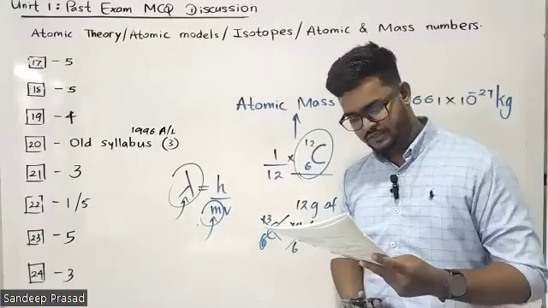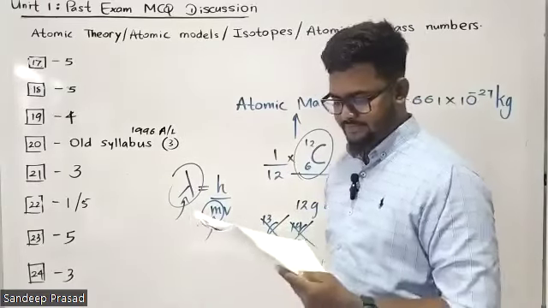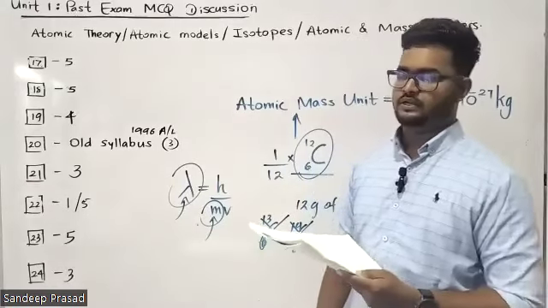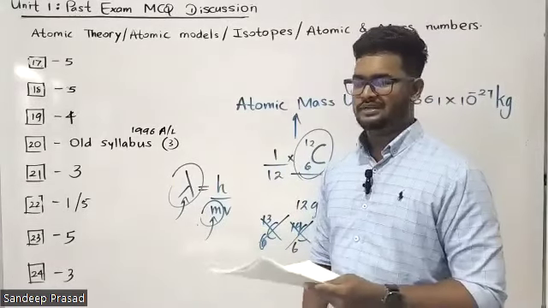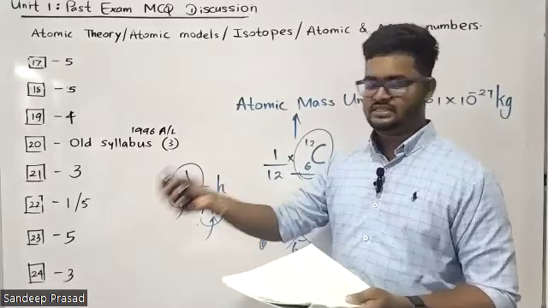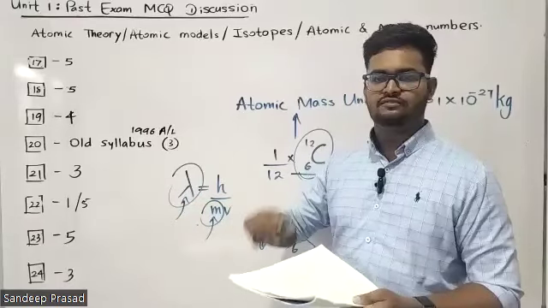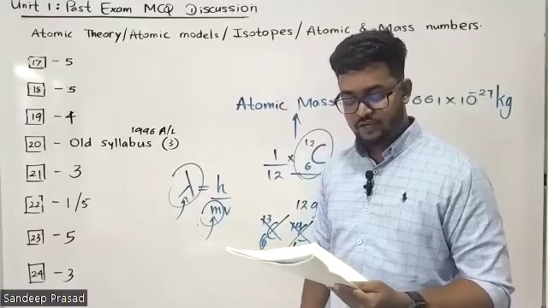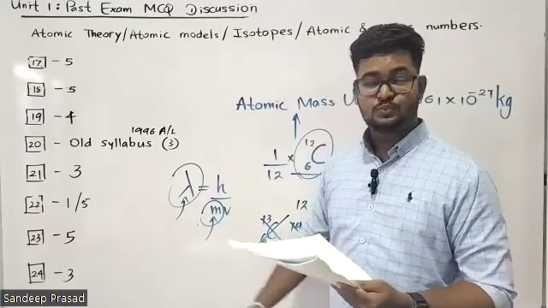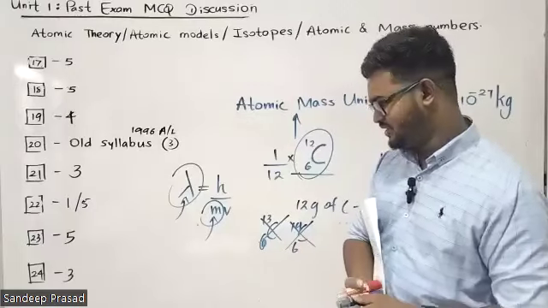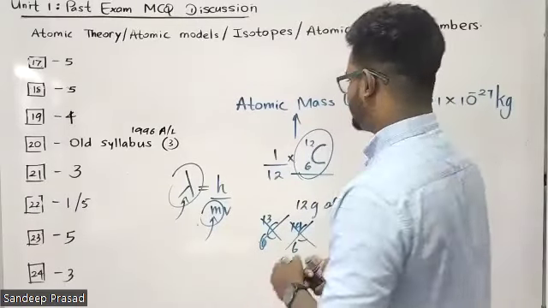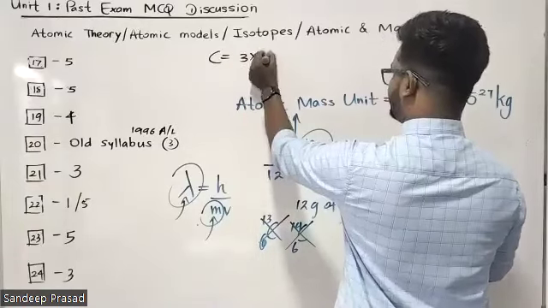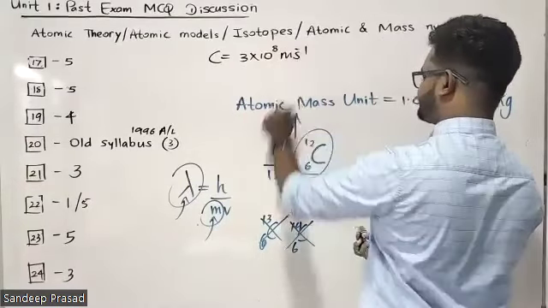So that's correct. Electrons cannot be added to or removed from an atom. Wrong, right? Then how can ions be formed? Cations are formed by removing electrons. Anions are formed by gaining electrons. So that is wrong. The speed of an electron is equal to the speed of light. No way, students. Remember, the speed of light is 3 times 10 to the power 8 meters per second.